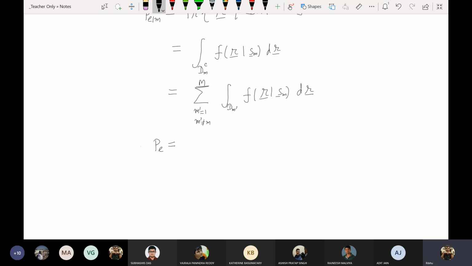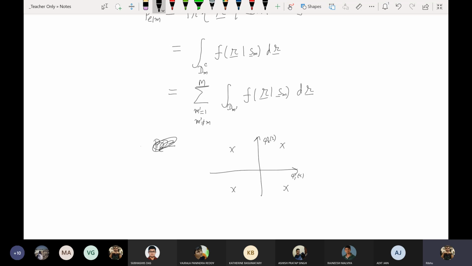So suppose I transmit this kind of QPSK, this is called pi by 4 shifted QPSK. D_m' is the domain over all the symbols that are not m, the decision region. Suppose you transmit the pi by 4 shifted QPSK.